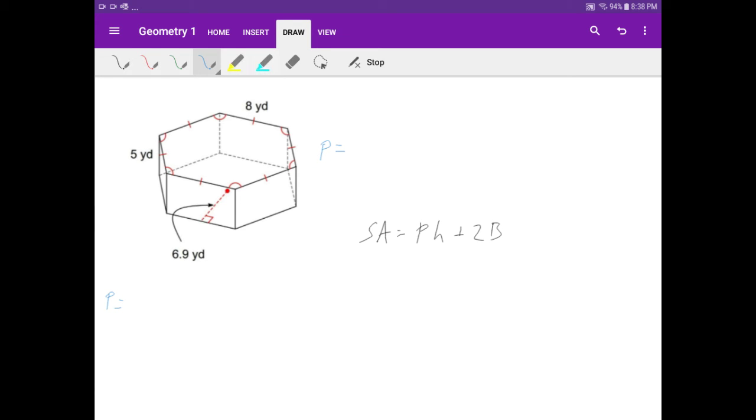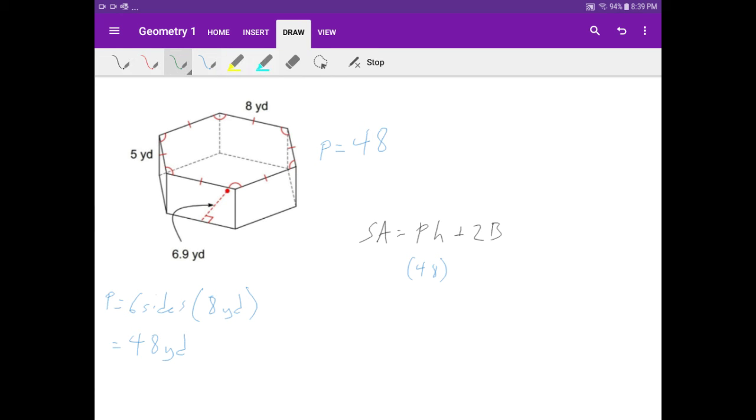Each of them looks like 8 yards. So 6 sides times 8 yards. So that's 48 yards. So the perimeter is 48.